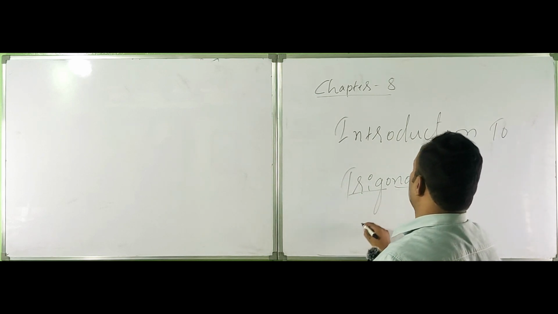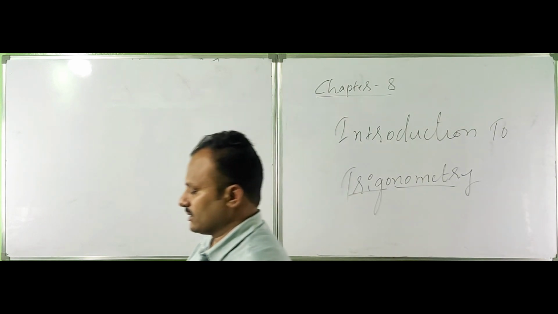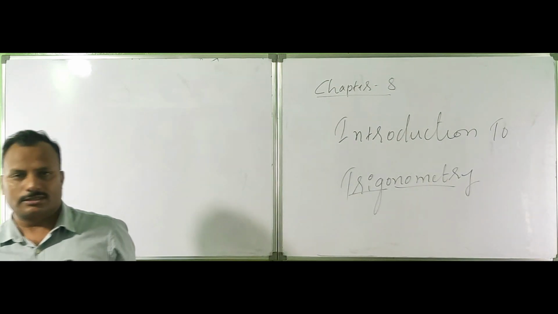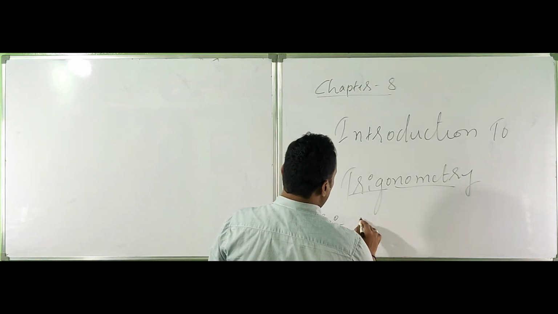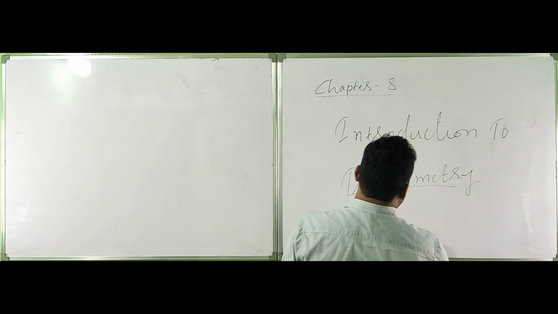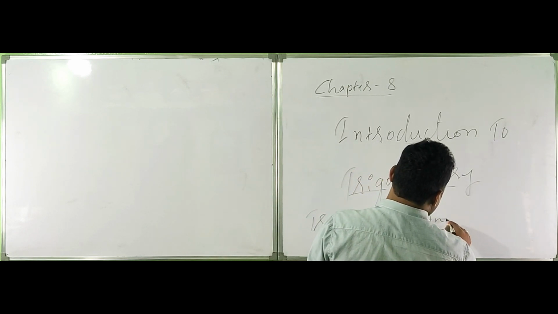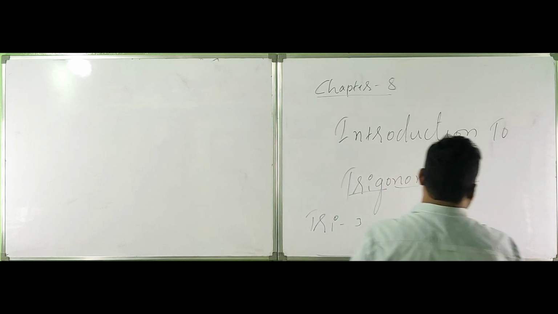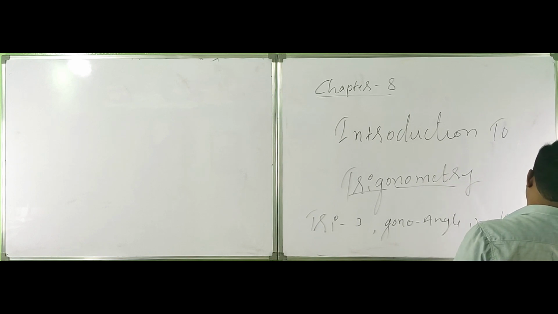Trigono means three angles, the shape with three sides, three angles. Trigonometry: tri means what? Three. Gono means angle, angles. And metry means measure or shape. Shape or measure, you can write also. Right?